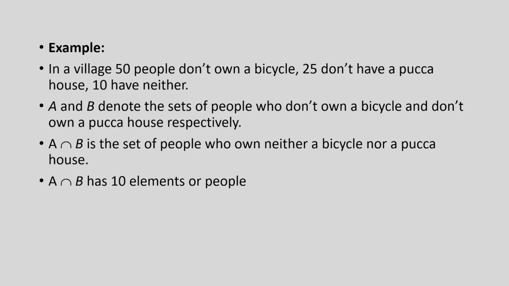This is the set of people who are in both sets. They do not own a bicycle because they belong to A, and at the same time they belong to B also, so they are very poor, they do not own a pakka house either. So, how many people are there in this intersection set? A intersection B has 10 elements, it is mentioned in the problem itself.